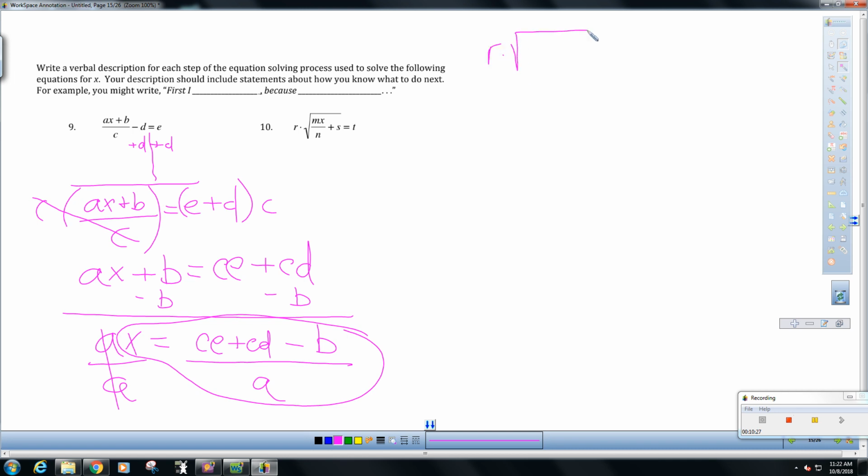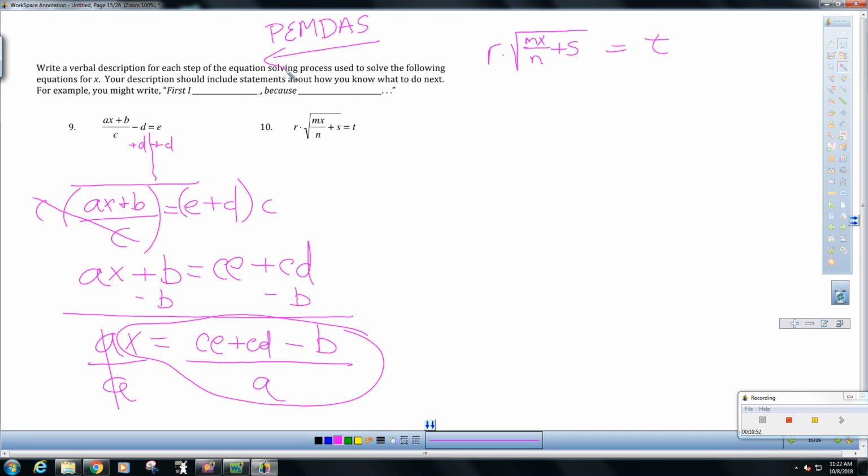R times the square root of mx over n plus s is equal to t. Well, remember, I'm still doing PEMDAS backwards.